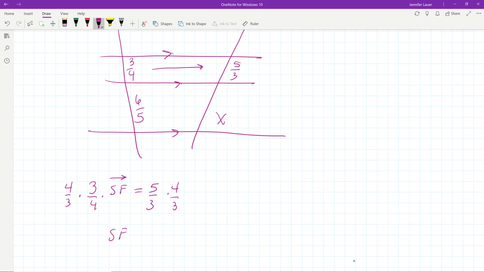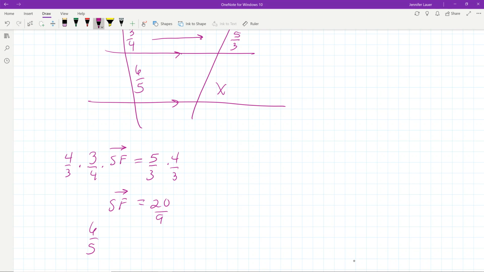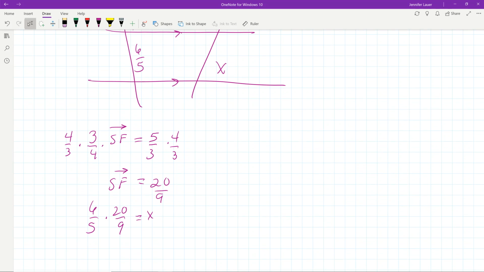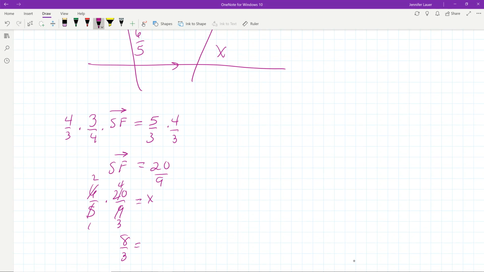The scale factor is going to be equal to 20/9. We're going to use that scale factor to solve for x. So 6/5 times our scale factor, 20/9, is going to be equal to x. I'm going to reduce. That's going to be 8/3 for x. Okay, so that is using scale factor.